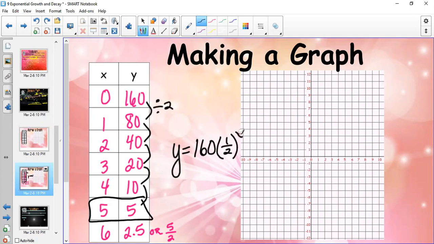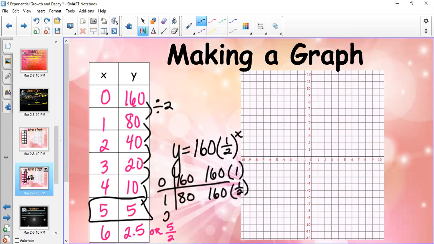And that is what is going to have an exponent. So, for example, if I was doing 0 here and I was trying to figure out my y, I would do 160 times a half to the 0 power. Anything to the 0 power is 1, so that would give us 160. If I was doing 1, I would have 160, a half to the first power is a half, so half of that would be 80.